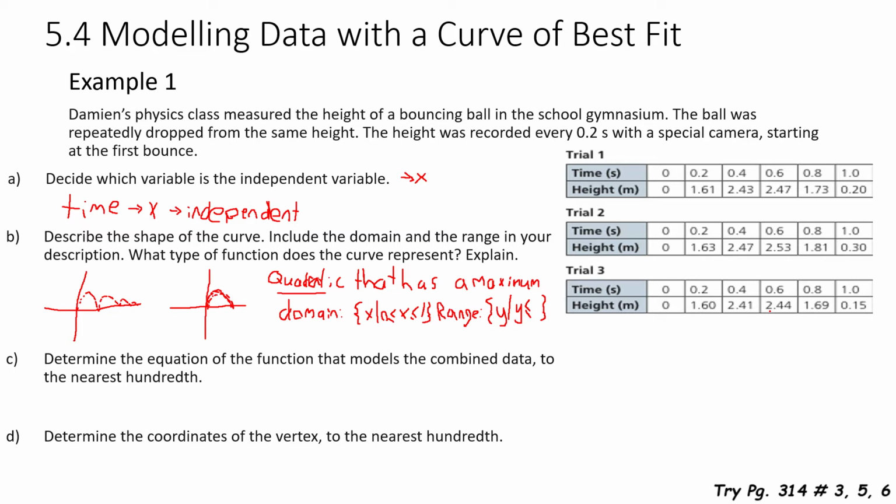We can do that. Our x minimum is 0 and our x maximum is 1. Press window, which is next to y equals, and let's set up our window here because we've got all our data. We know what it's going to look like, so that when we actually hit graph, it'll be good to go. So x minimum is 0, and our maximum x, let's set it at 1.